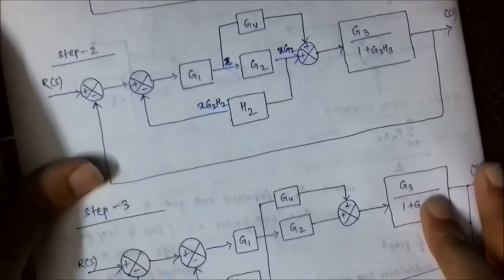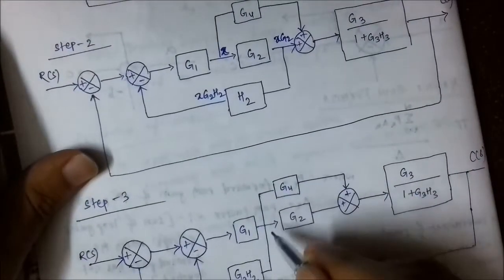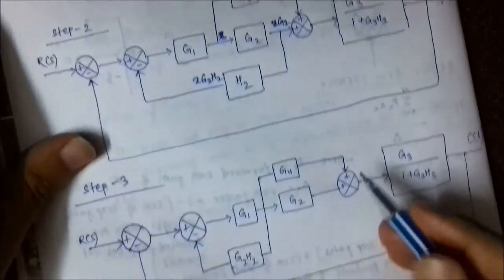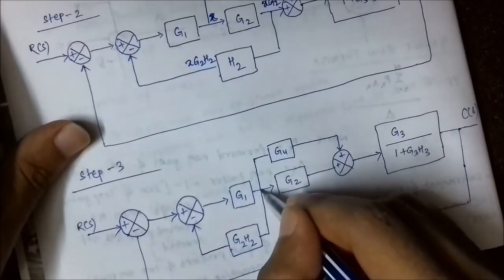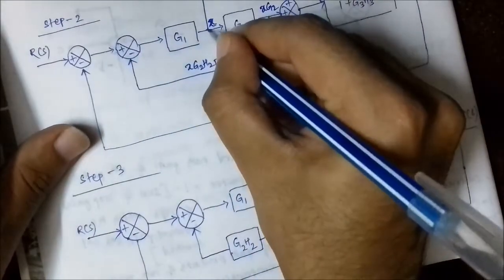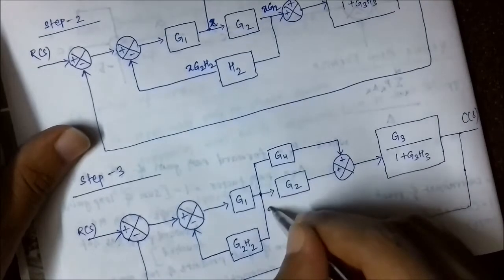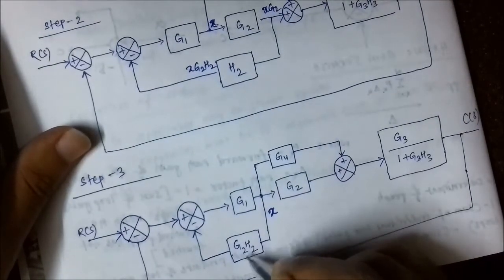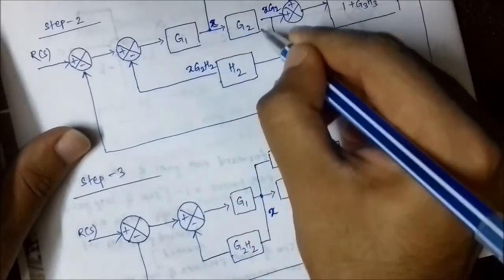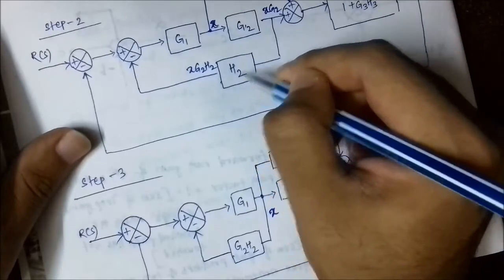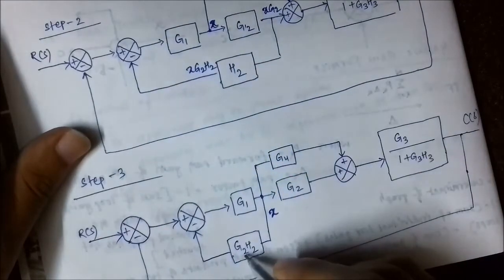So we have moved this takeoff point from here to here. Here the X signal gets multiplied with this G2 H2 block. We have simply multiplied the G2 block here.